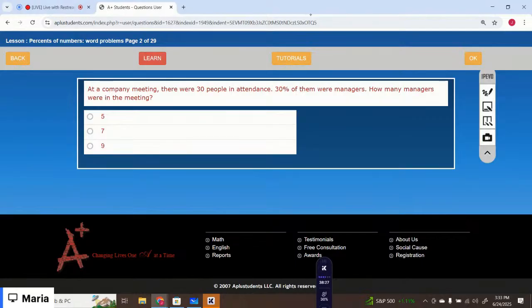At the company meeting, there were 30 people in attendance, 30% of them were managers. How many managers were in the meeting?